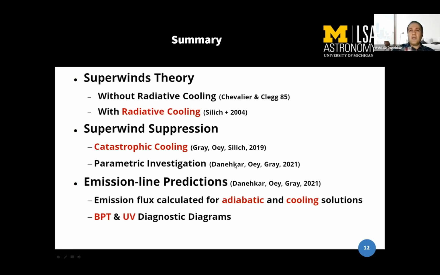We see that at higher metallicity and low velocity, we have the formation of strong radiative cooling. And using Cloudy models, I produced the BPT diagram and UV diagnostic diagram to help diagnose in which regions we have catastrophic cooling. Thank you. If you have any questions, I can answer.